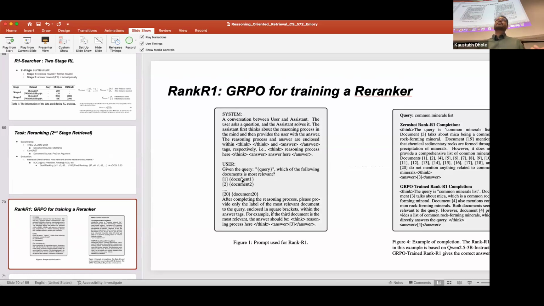A first stage retriever like BM25 is used to retrieve the top 20 documents, and then these documents are fed to a model like Qwen or any of the fine-tuned or reasoning models. And then this is trained as an RL policy. Whenever the policy rollouts generate the correct document ID, that is given a positive reward, a reward of 1. That's how the policy is trained to do re-ranking as well.